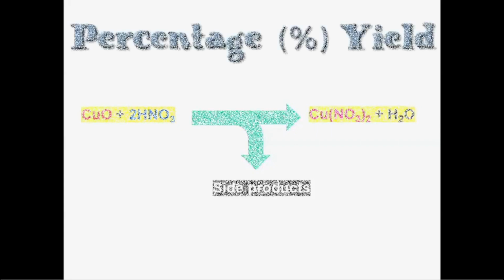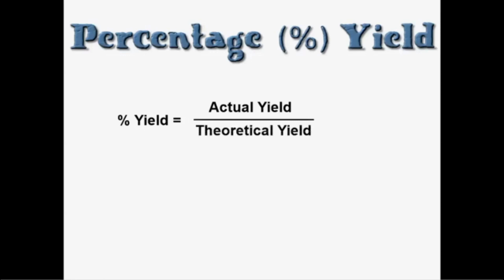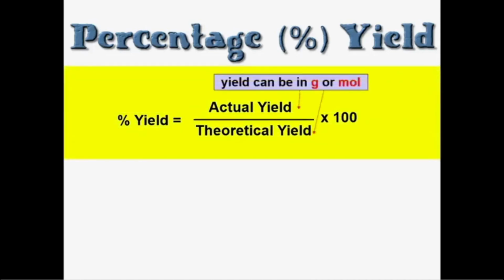So now is the time to look at what the percentage yield is. Percentage yield is defined as the actual yield divided by the theoretical yield, times 100%. Remember, the actual yield and the theoretical yield could be either in grams or moles.